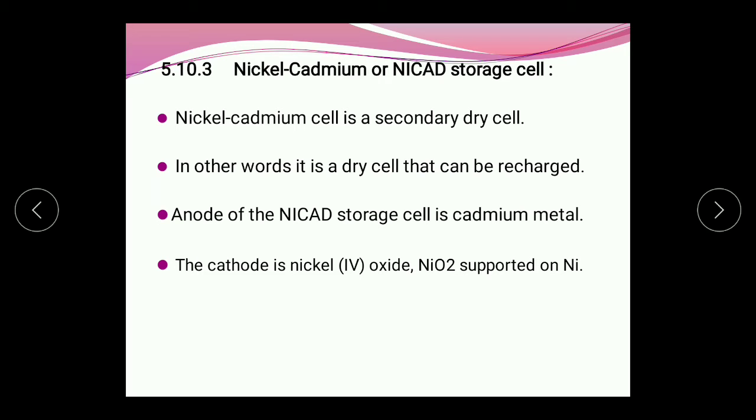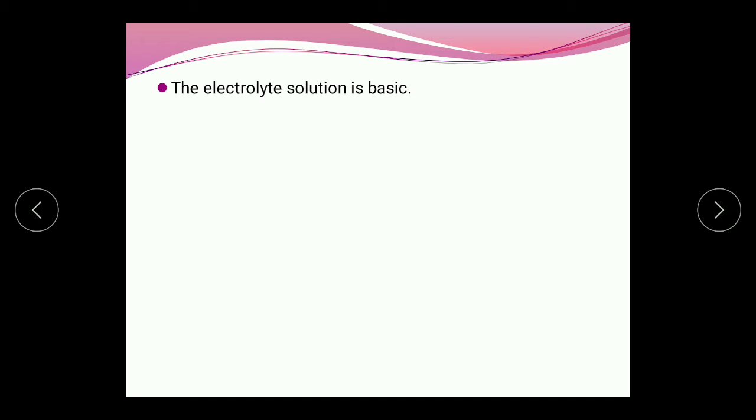That means on the nickel strip, nickel oxide is coated, that is the cathode. And the third thing we require is the electrolyte. The electrolyte solution is basic. Any basic solution is used. The one which gives us OH minus ions is a basic solution. So three things we learned: anode, cathode, and electrolyte. Now, this is all about construction.